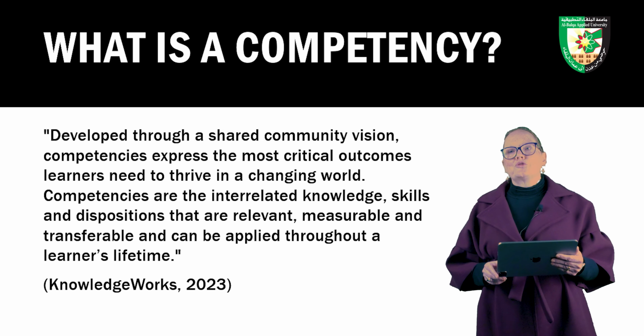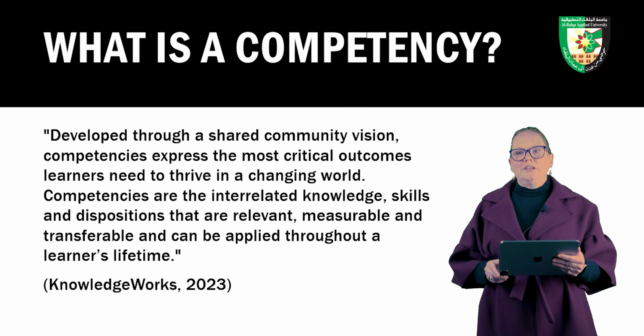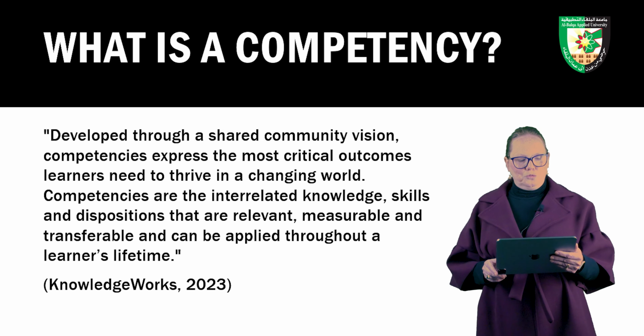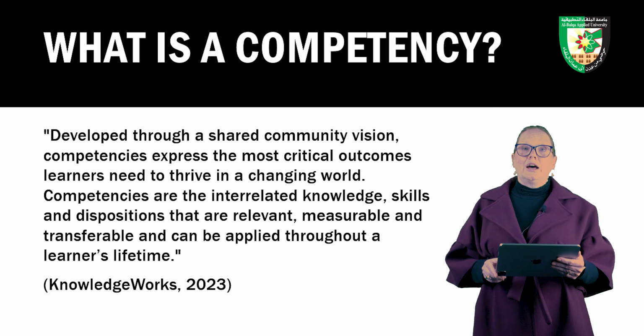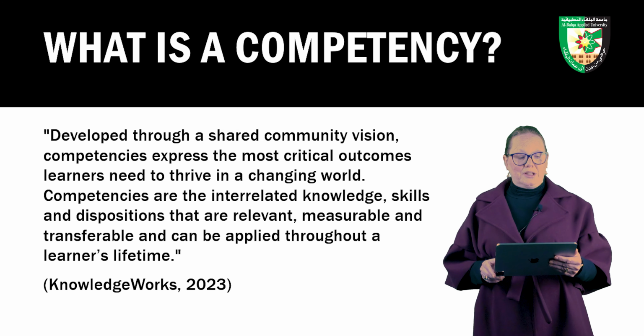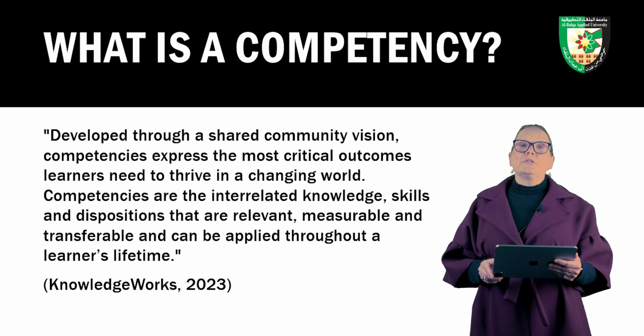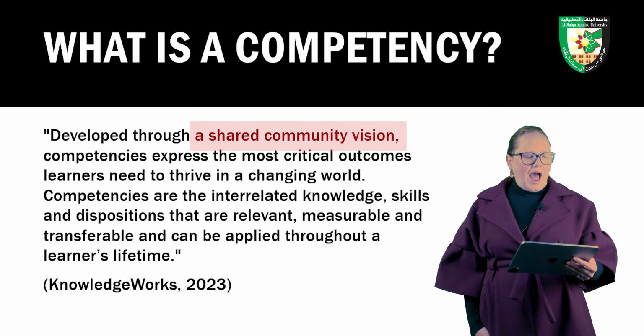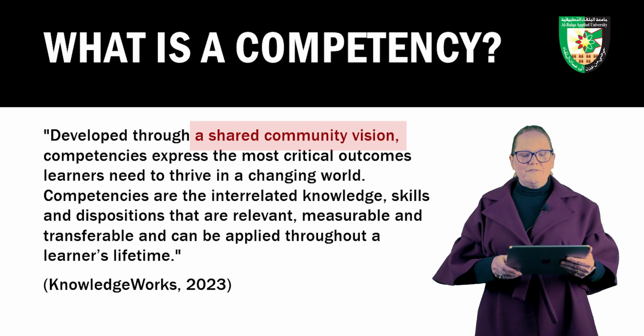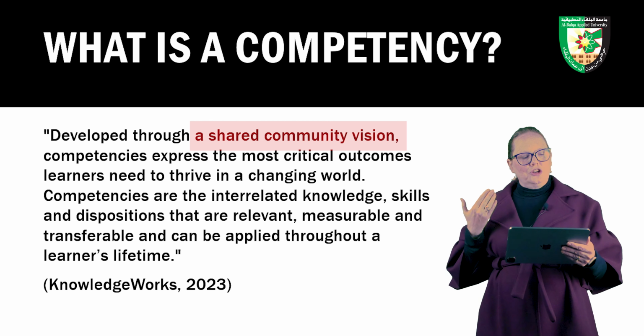Competencies express the most critical outcomes learners need to thrive in a changing world. Competencies are the interrelated knowledge, skills, and dispositions that are relevant, measurable, and transferable, and can be applied throughout a learner's lifetime. I like this because there's a shared vision about what we want students to know.